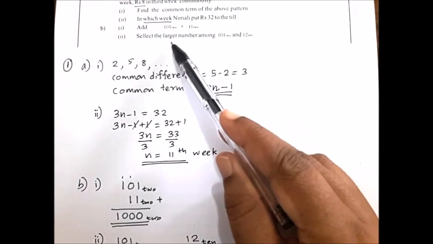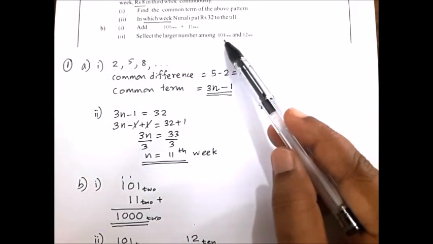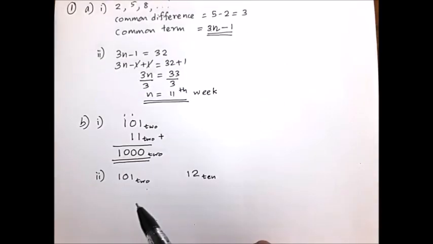Second part, select the larger number among 101 base 2 and 12 base 10. This is a binary number and this one is a decimal number. First convert this binary number into a decimal number. 101, this is 2 to the power 0, 2 to the power 1, 2 to the power 2.